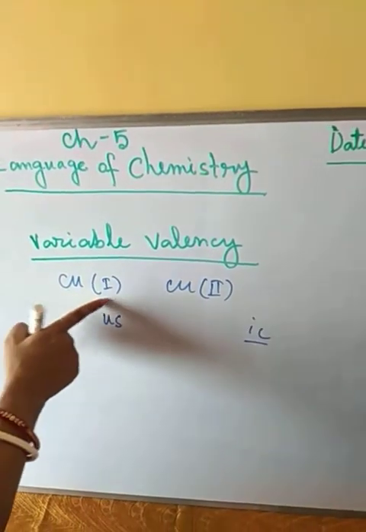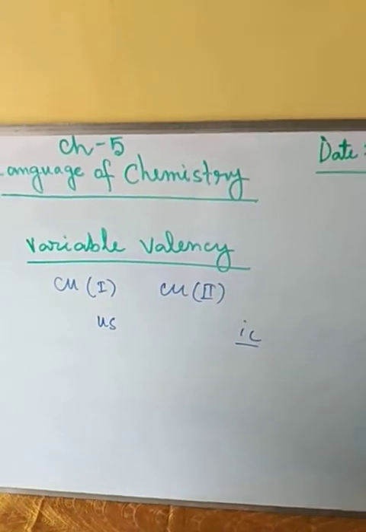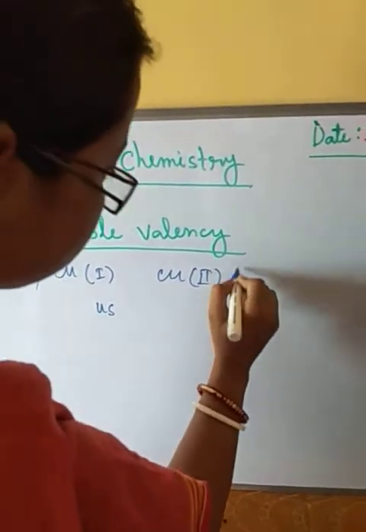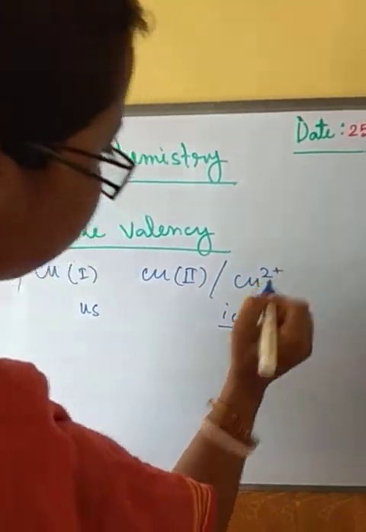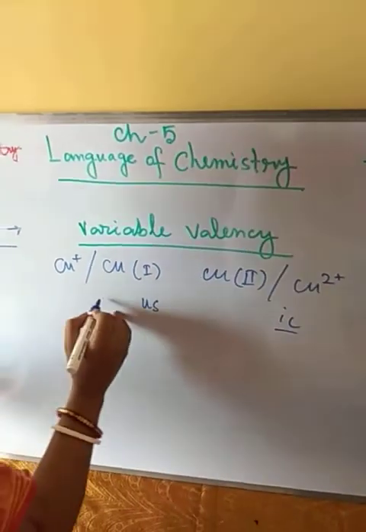So copper 1, where copper shows valency 1, is Cu plus, and this is copper 2 plus.